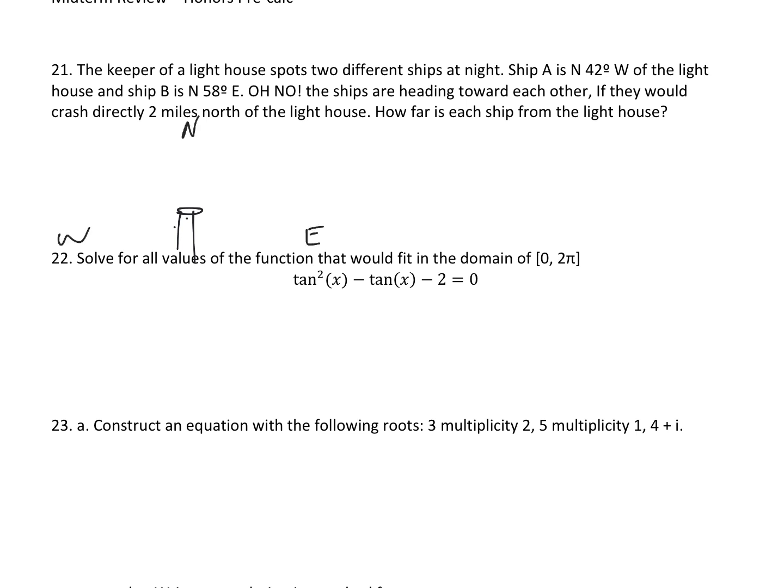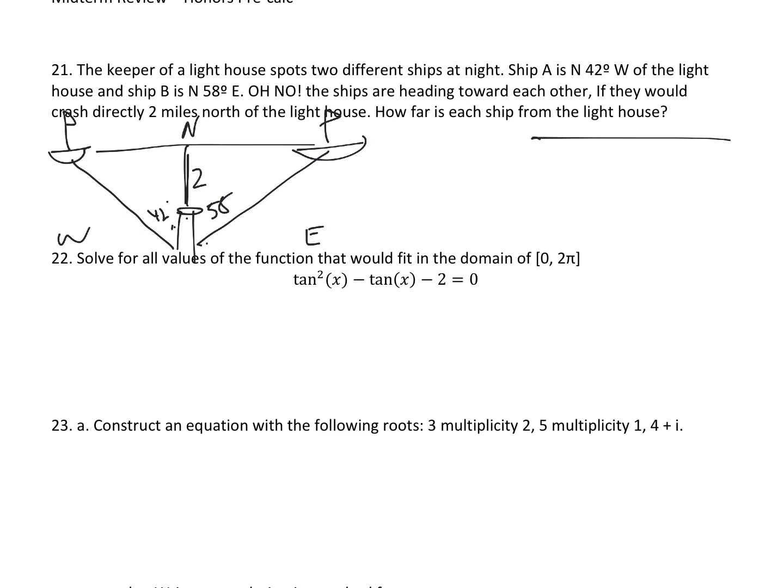I don't need to write out south because it's not going to go down there. So here's my boat, north 42 west. So this is a 42 degree angle. Here's the other boat, north 58 east. And we know that they're going to collide exactly 2 miles from the lighthouse.